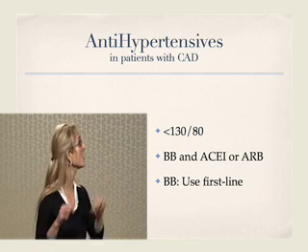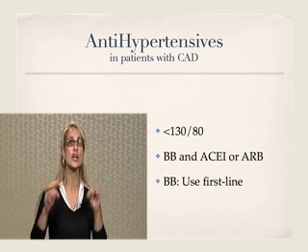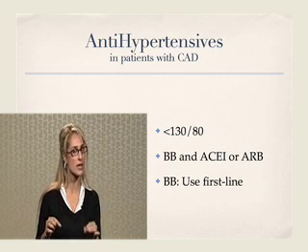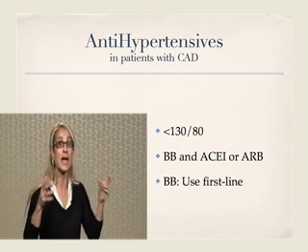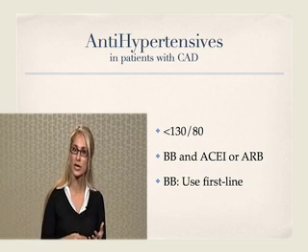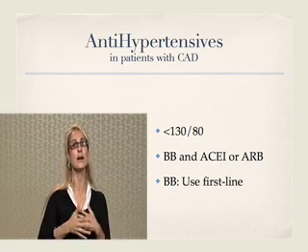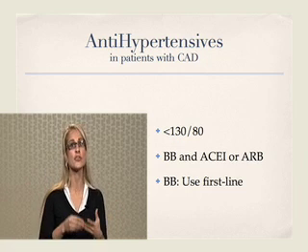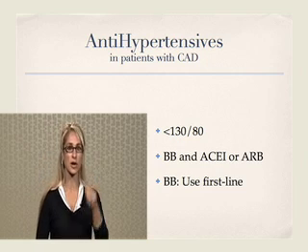If you have coronary artery disease, your goal is going to be less than 130/80. You've got to know that number. Again, can I give a beta blocker? Absolutely. My drugs of choice in this case are going to be a beta blocker and an ACE. If I can't give an ACE, for example, they have, for some reason, a really bad cough, and I've tried other ACEs, then you're going to give an ARB. So again, beta blocker, ACE, and ARB.